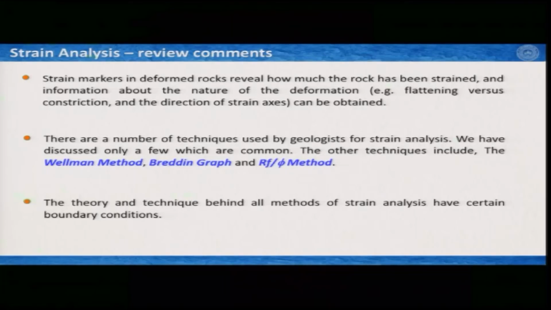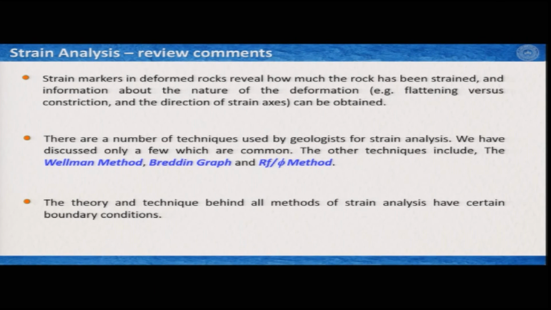Before I conclude this lecture, I would like to give you some remarks that I gave in the very beginning as well. Strain markers in deformed rocks reveal how much the rock has been strained, and you can get information about the nature of the deformation, that is whether it is flattening or constriction, and the direction of strain axes, etc. There are a number of techniques.